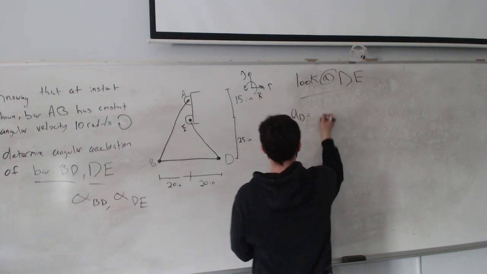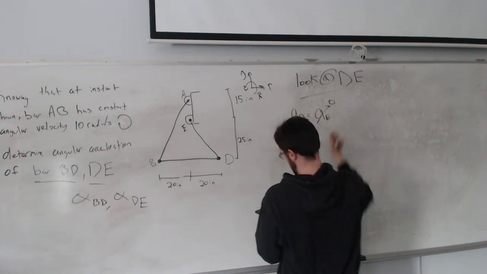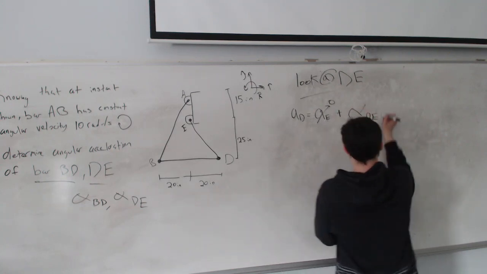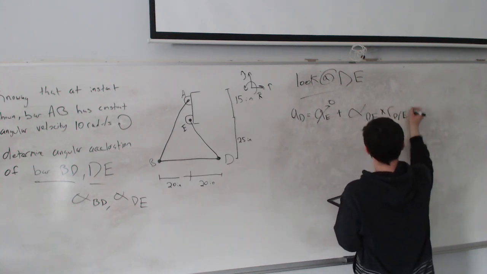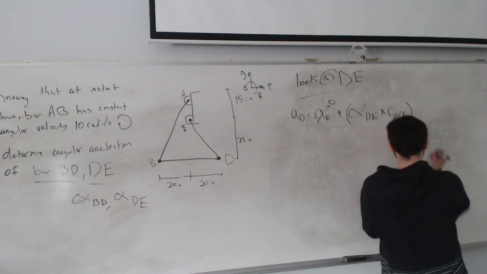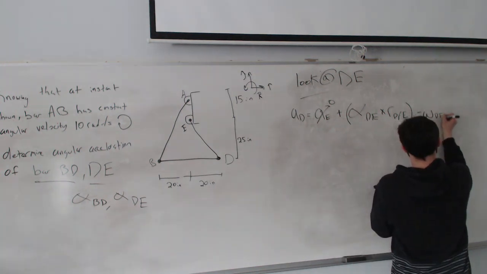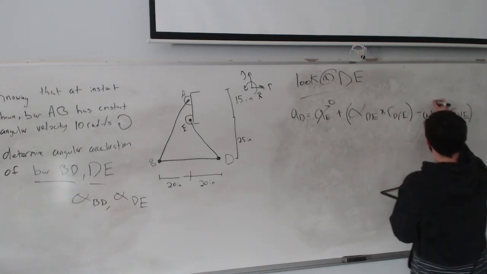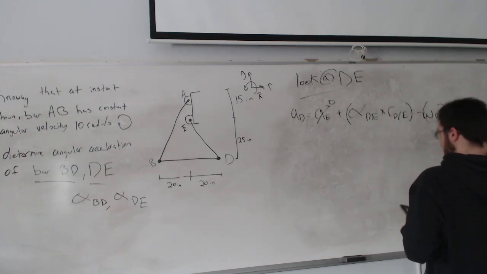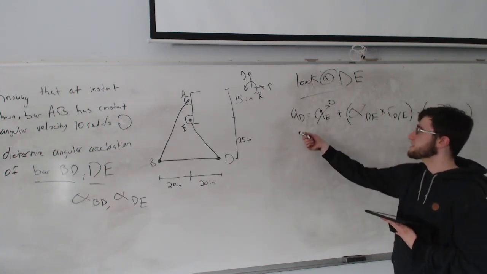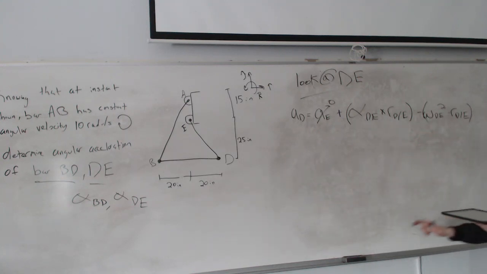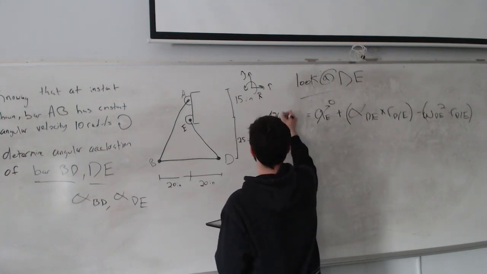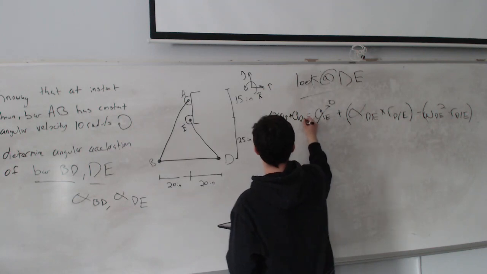Acceleration of D equals acceleration of E, which is 0, plus. All right, so acceleration of d, I have it in the I component, but not the j. So I'm going to rewrite that as, we found it in the I to be this number, but I don't know what it is in the j.